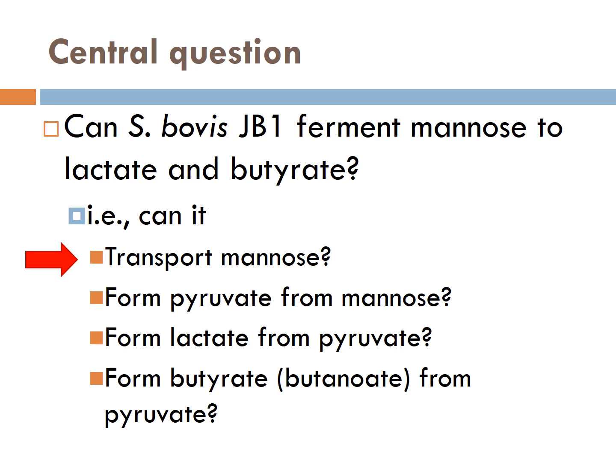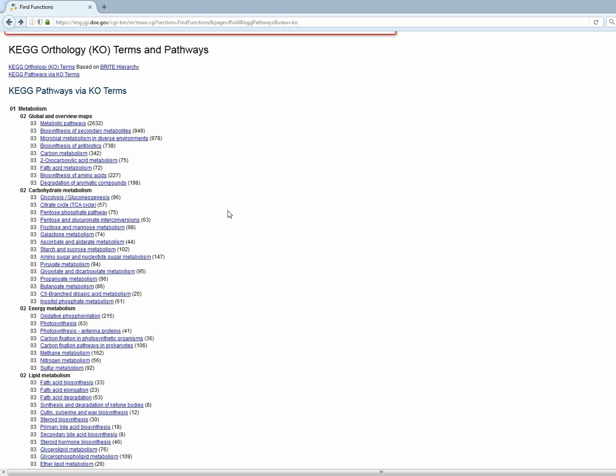To determine how we should start our analysis, let's go back to the central question. In order to answer if Strep bovis JB1 can ferment mannose to lactate and butyrate, we have to answer first if it can transport mannose. If it can't transport mannose, then it's doomed from the start. To determine if it can transport mannose, we go to the KEGG pathways.